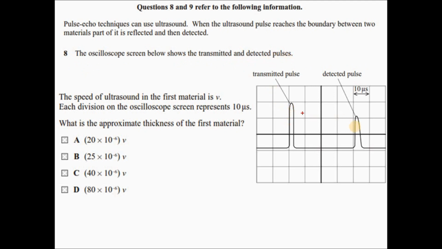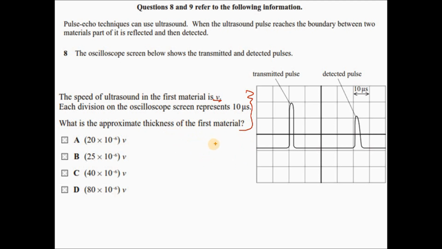So this is the transmitted one, and the detected one. The speed of ultrasound in the first material is v. Each division on the oscilloscope screen represents 10 microseconds. What is the approximate thickness of the first material? A typical question of pulse and echo technique.